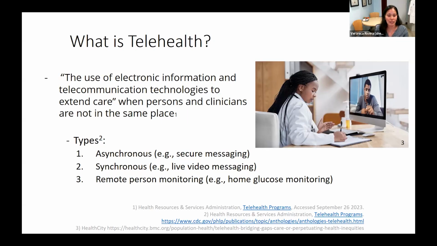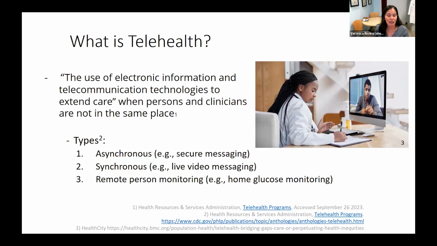And a couple of the different types are: one, asynchronous, where you may be secure messaging your patient. This, for example, might be on an online portal within your electronic medical record. Two is synchronous, for example, via live video messaging or video visits with a patient, so at the same time.